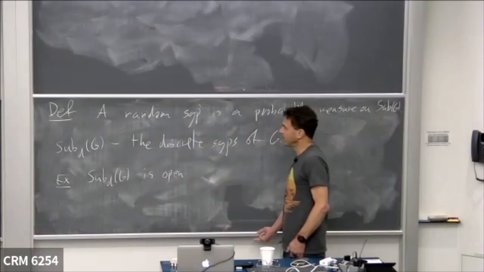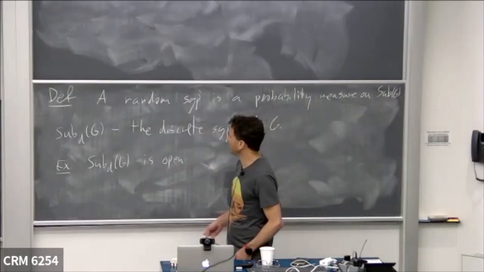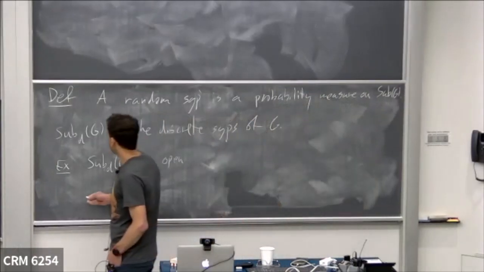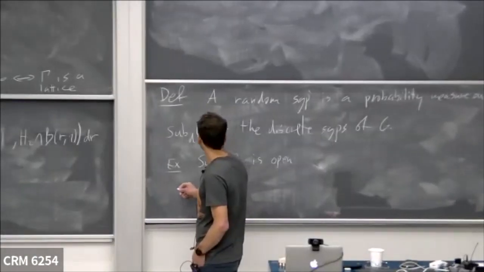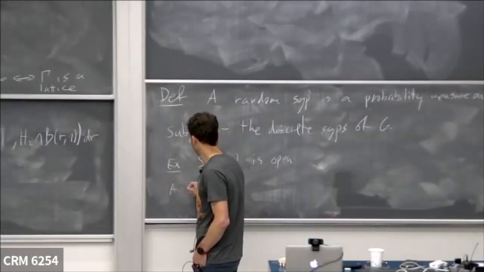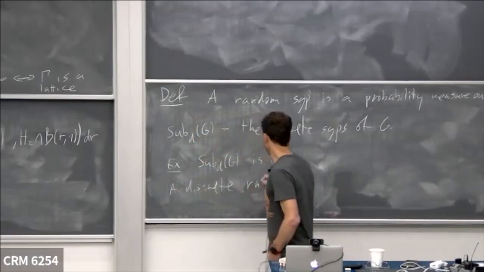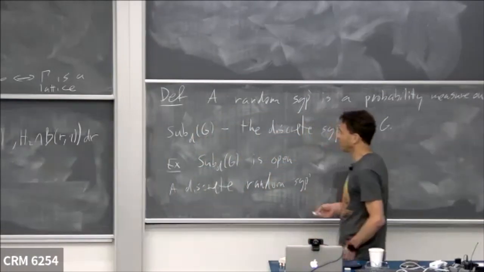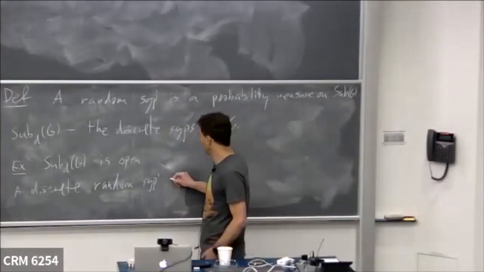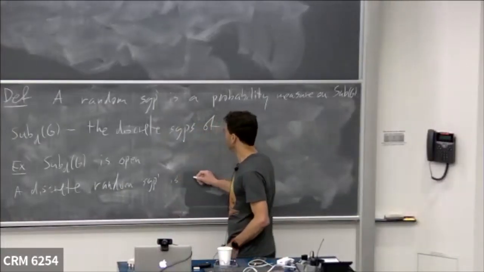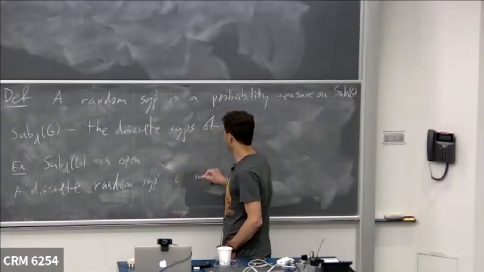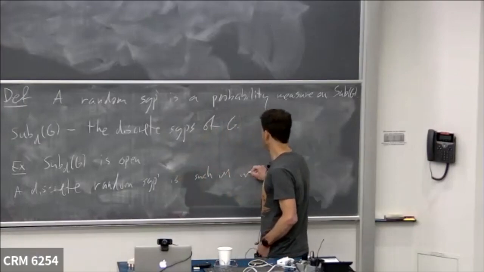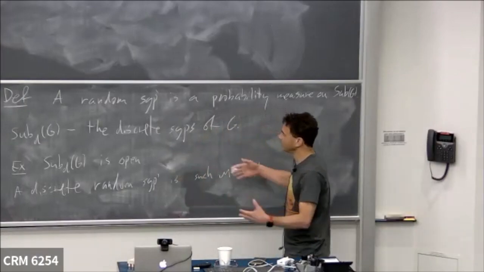And then by a discrete random subgroup, and most of the time this is what we care about, we mean a measure mu whose support is this.